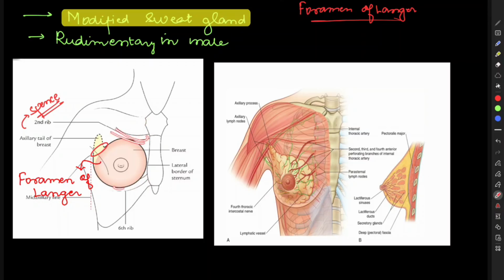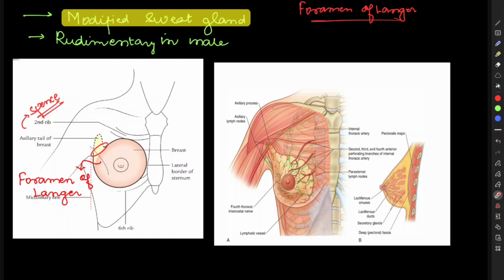Whereas horizontally its extension is from the sternum, being more specific, the lateral border of the sternum, up to the mid axillary line. So this diagram will very well explain the extent of the mammary gland. उसी के साथ साथ one basic feature, that is the extension into the axilla through the foramen of Langer, that is called the axillary tail of Spence.